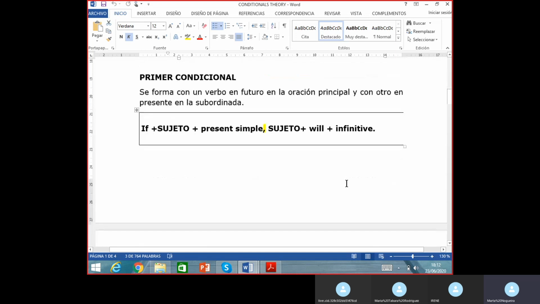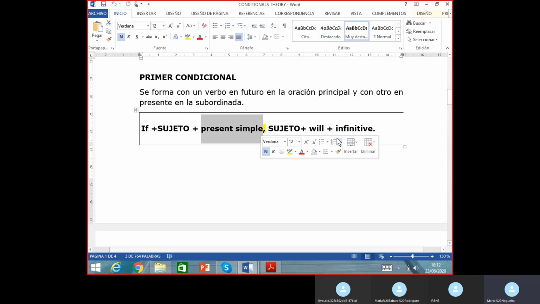Let's see the first conditional. We know that it is formed with a verb in the future in the main clause and another in the subordinate clause. Girls, remember, if I have the if at the beginning, I'm going to put a comma. So I'm going to put if plus the subject, first present simple and then future with will, future simple.